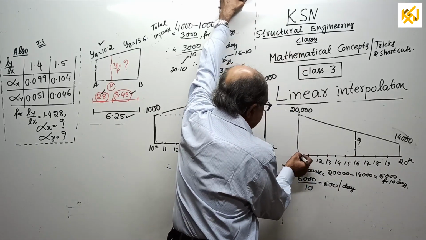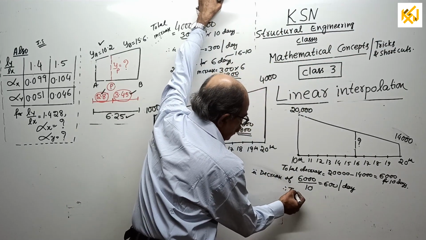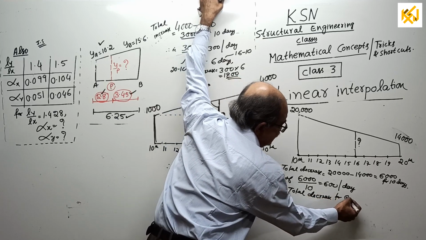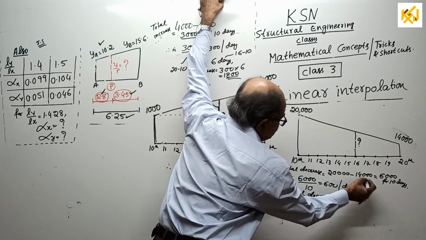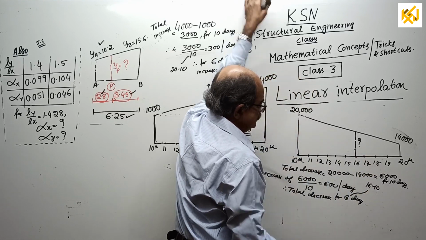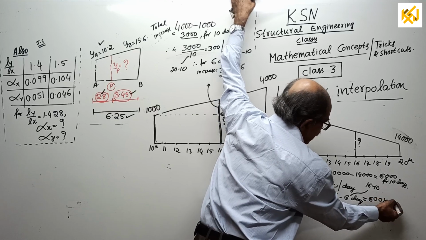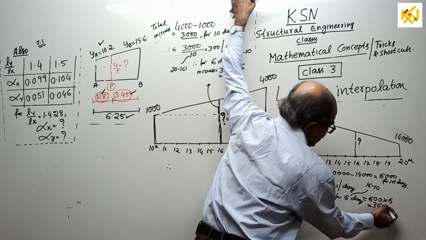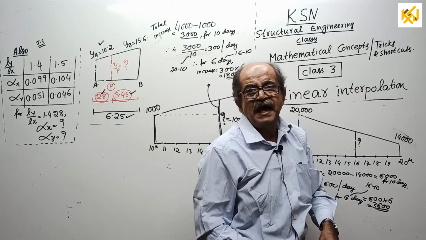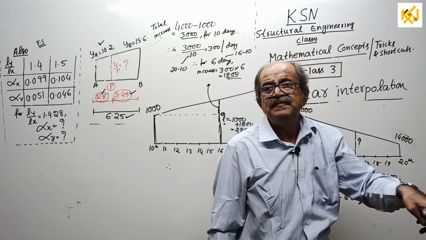Now, from the 10th to the 16th, 6 days are there. Therefore, calculate the total decrease for 6 days. Remember how I got 6? From 10 to 16, so it is 16th minus 10th, 6 days. Total decrease for 6 days equals 600 multiplied by 6 equals 3,600. So the value has not reduced to 3,600; it got reduced by 3,600.